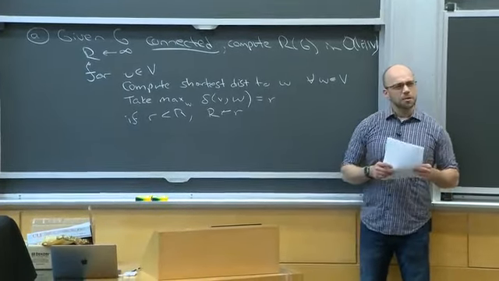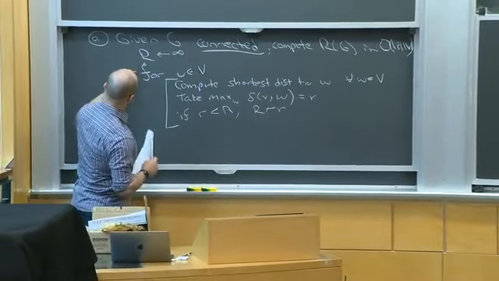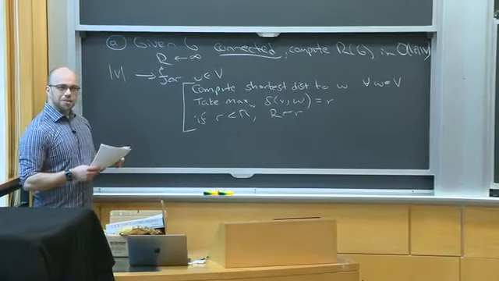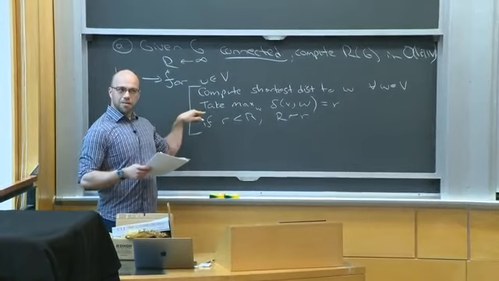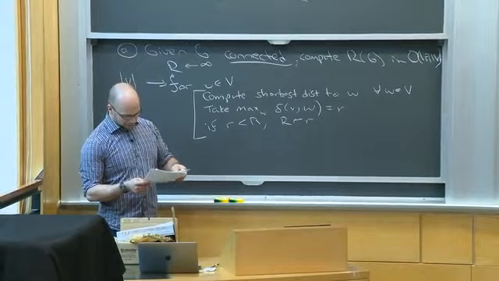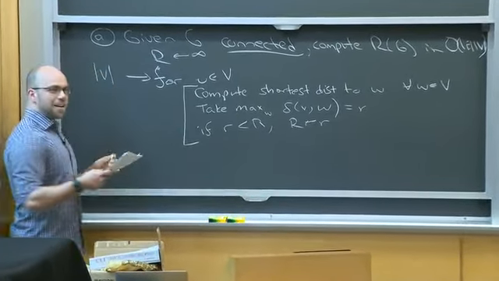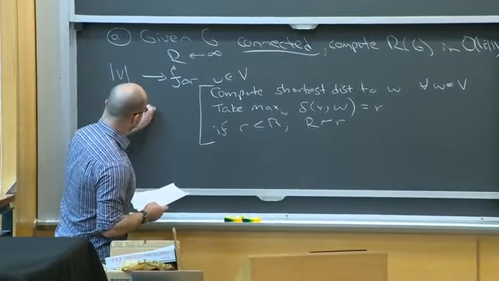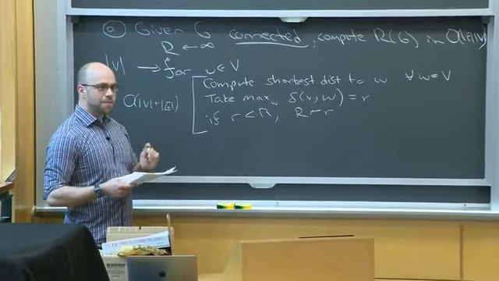So what does our runtime look like? We have a loop over vertices, so I incur a factor of |V| here, and then our graph is unweighted. So one strategy for computing the shortest path distance would be breadth first search. I think that's what's in my notes. Yep. And in general, breadth first search, if you recall from lecture, takes |V| plus |E| time.